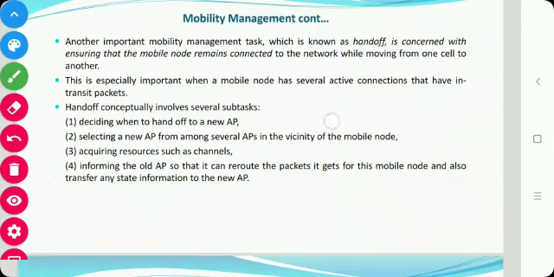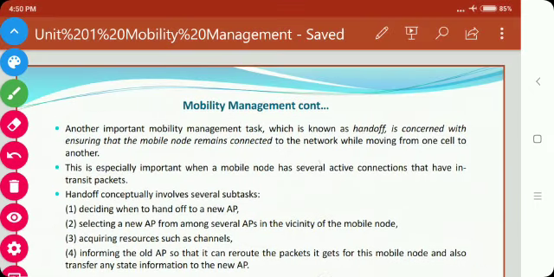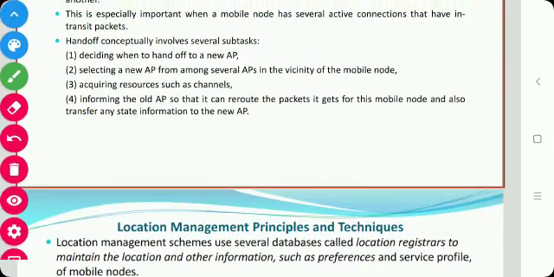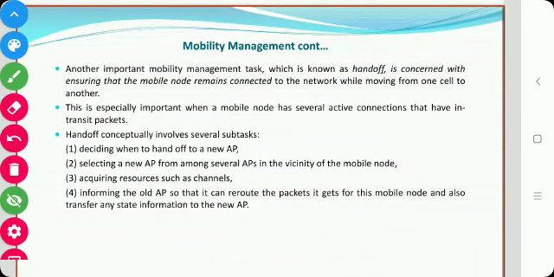Another important mobility management task is known as handoff. So what is handoff? Handoff is concerned with ensuring that the mobile node remains connected to the network while moving from one cell to another.